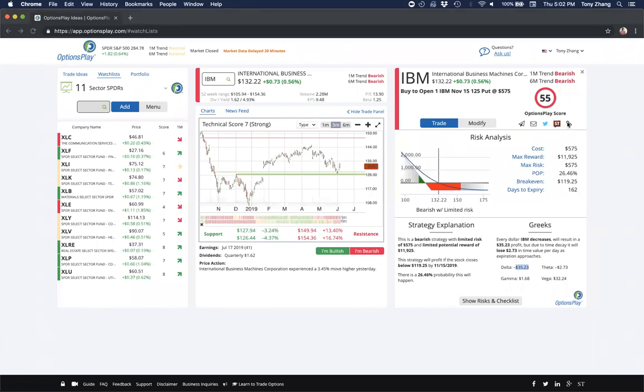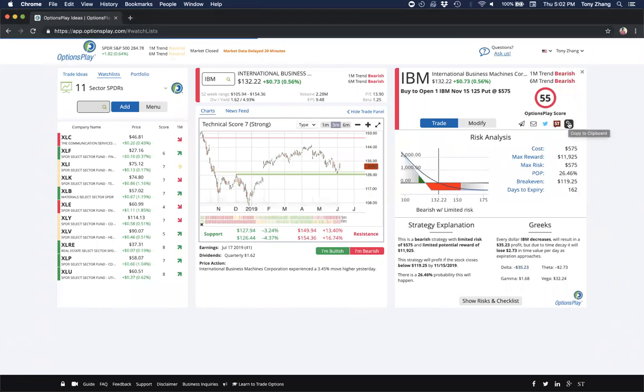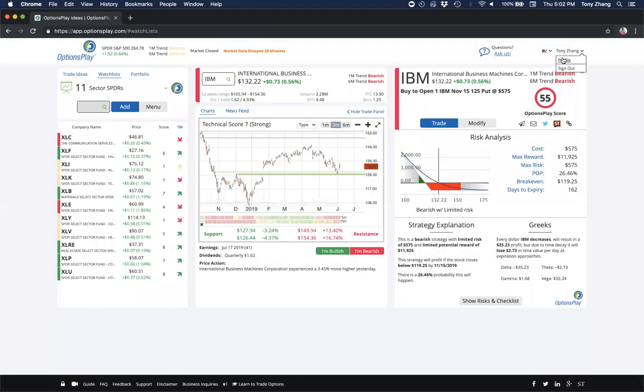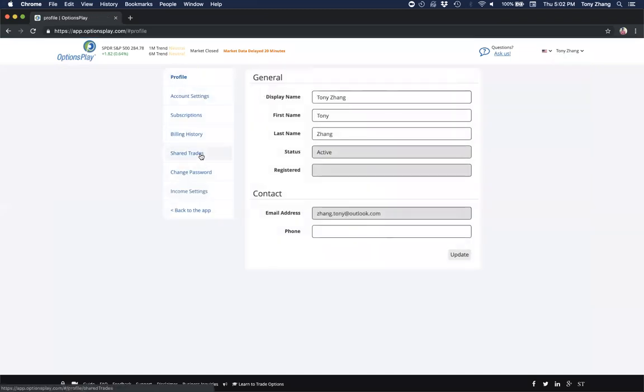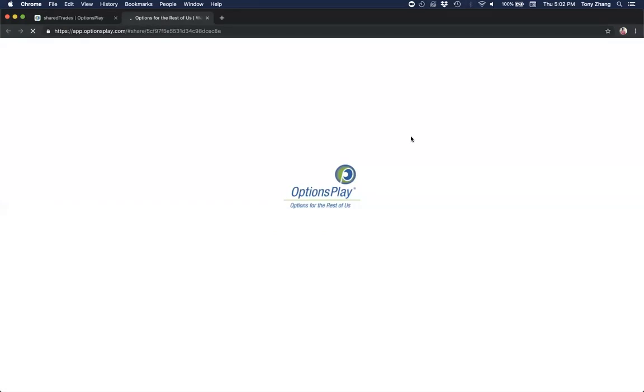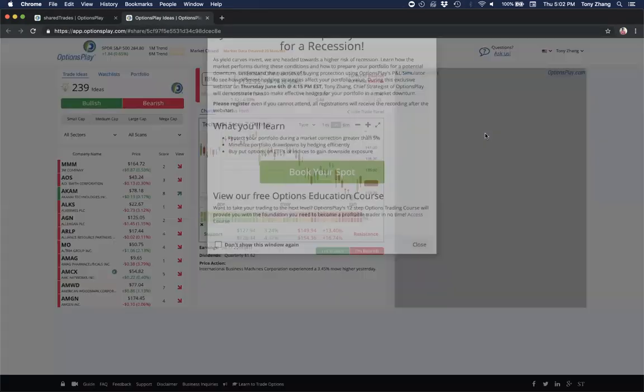You can click on this little link here on the right-hand side, and what that does is it saves the trade for you. This is the same link that we send you the daily plays in, and it saves the trade in your profile. So you can go to your profile, go to your saved trades, and see, hey, on June 6th, at 5:02, I saved this trade, and you can click on the trade, and it'll bring back the trade and show you the actual P&L of that trade.